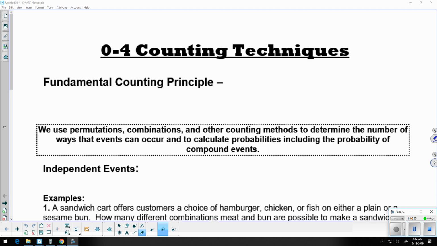Okay, so starting with the fundamental counting principle at the top. Here's what the fundamental counting principle is, and that's what we're going to be using for these first few examples.